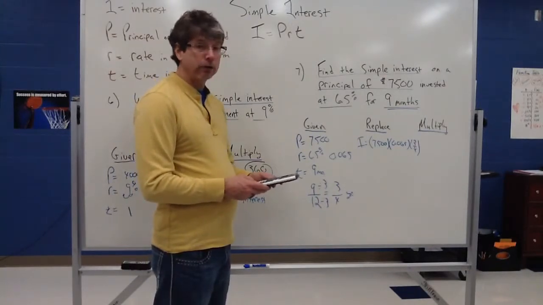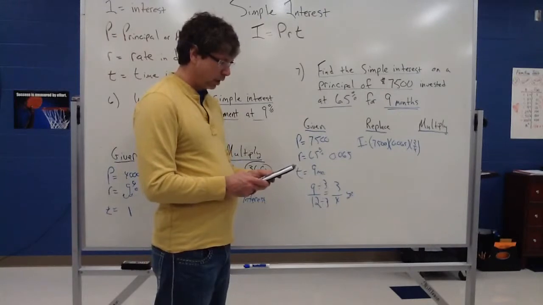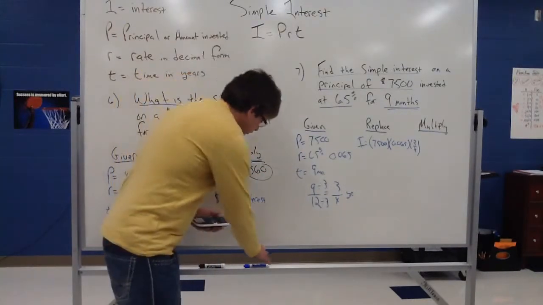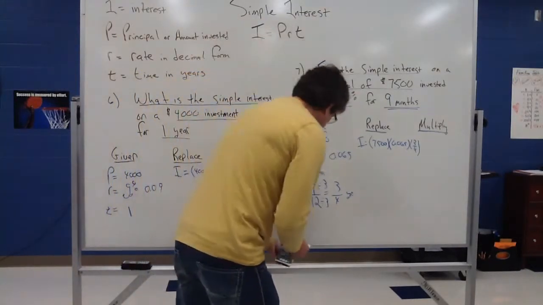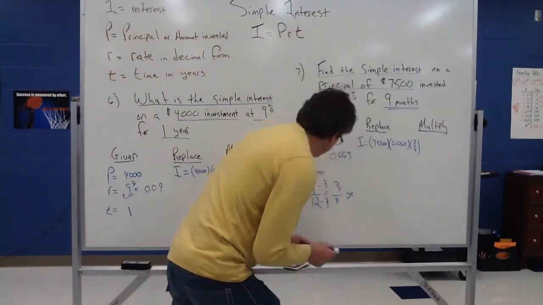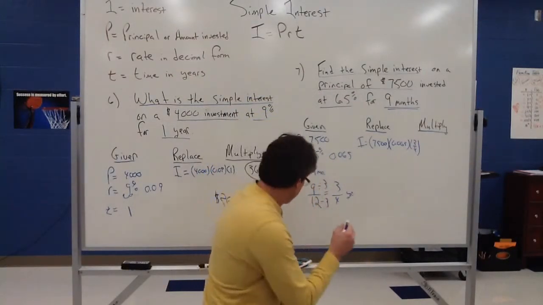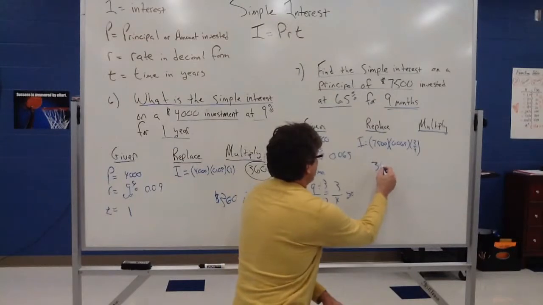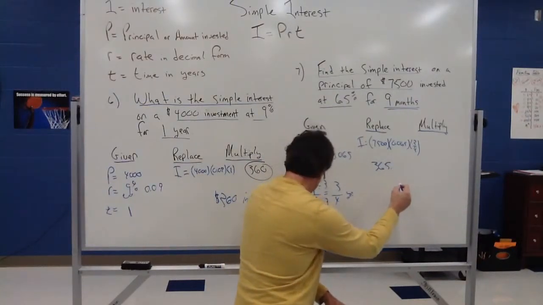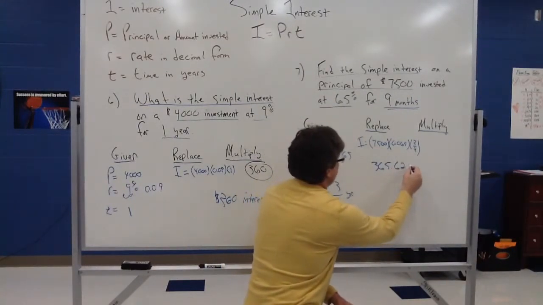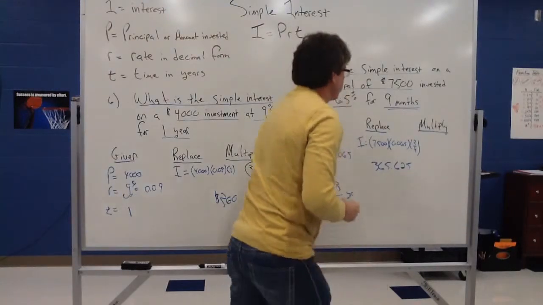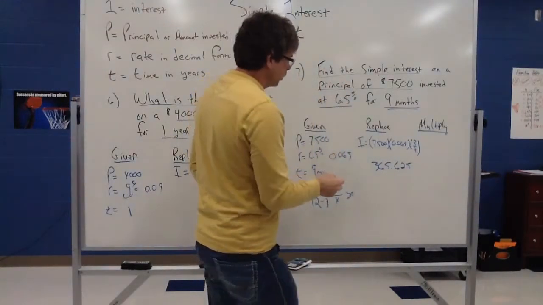And yeah, calculators do fractions. So we'll hit enter. And that gives me, let's see here, not the cleanest number. It looks like we get $365.625. So when we multiply, we get that.